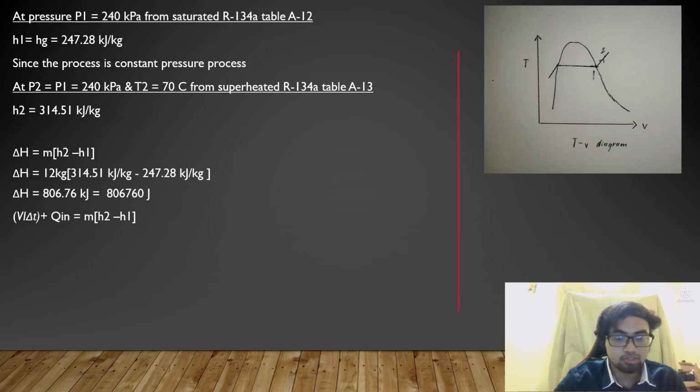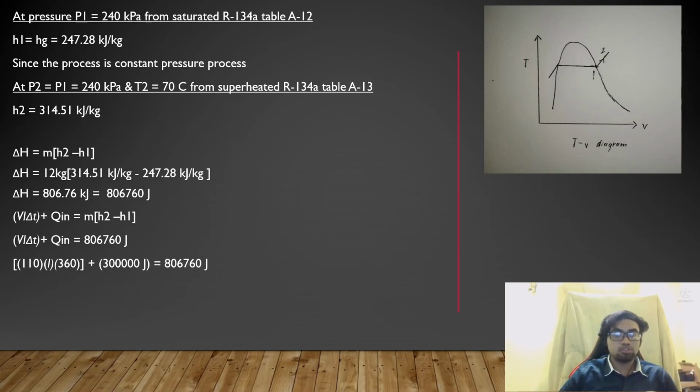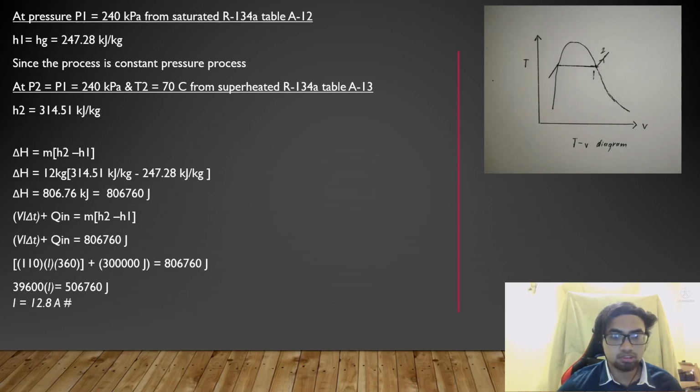And then we substitute V, which is 110, and current, which is what we want to find, and for the change of time, which is 360 seconds, plus 300,000 joule equal to 806,760 joule. And then lastly, after we do the calculation, we got the current, which is 12.8 ampere.